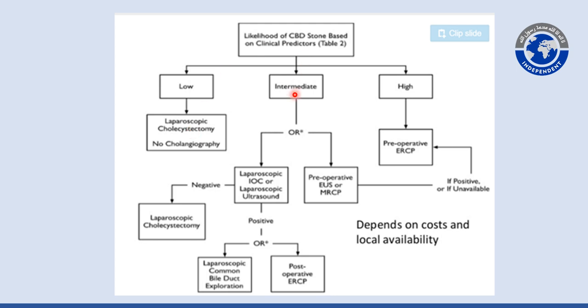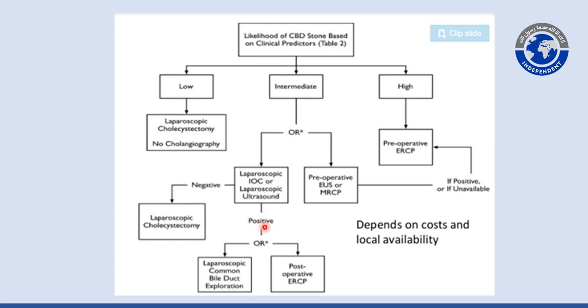If there is an intermediate chance of having CBD stones, which includes raised bilirubin and dilated CBD, then preoperative MRCP should be done to rule out any stones, or cholecystectomy with intraoperative cholangiogram is performed. If it is negative and does not show any stones, then one can proceed with cholecystectomy.